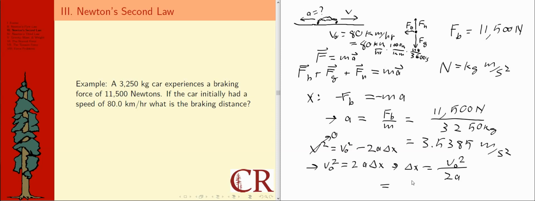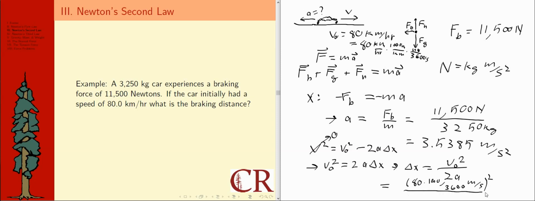I haven't actually computed that number separately here, so I'm just going to put in the v naught as 80 times 1,000 divided by 3,600, reflecting those conversion factors. That's in meters per second.